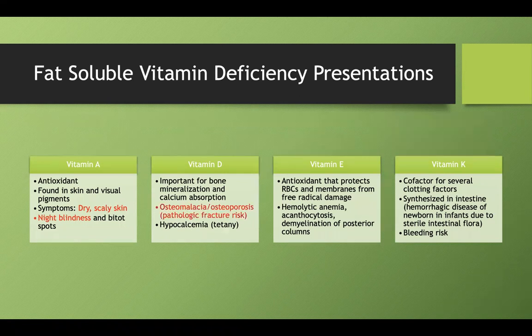Vitamin D is classically associated with bone problems or hypocalcemia. For vitamin E, really remember hemolytic anemia. And vitamin K, just remember it's a bleeding risk because you need vitamin K to synthesize several of your clotting factors.